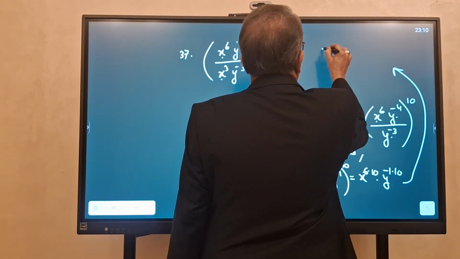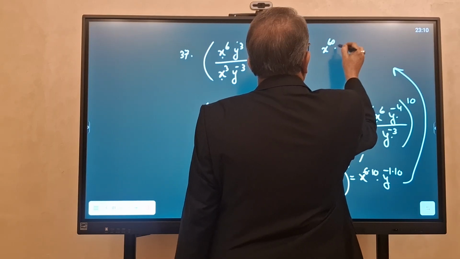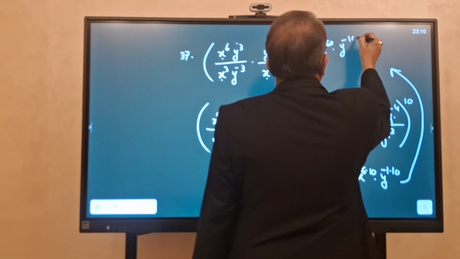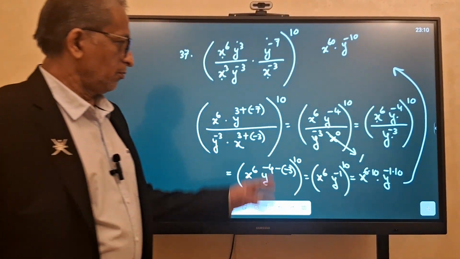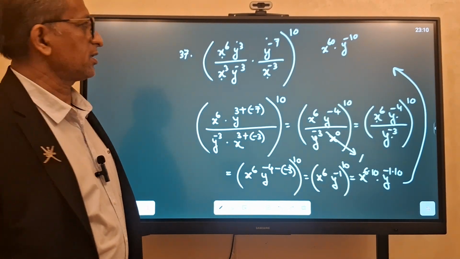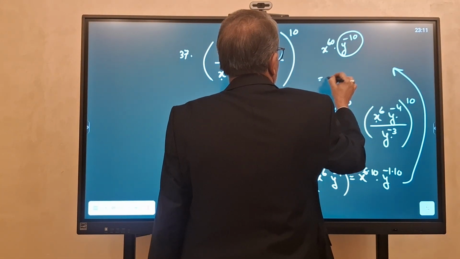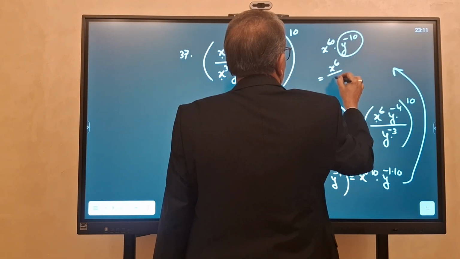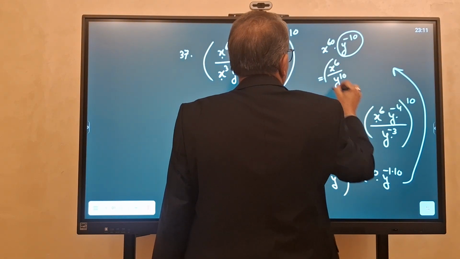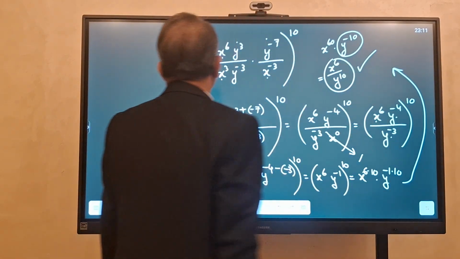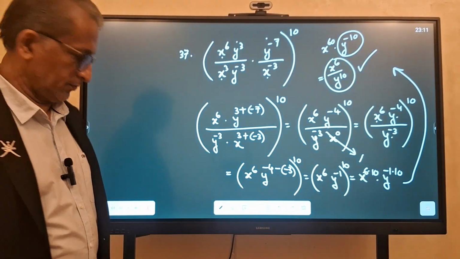This becomes x60, y minus 10. Since it is negative, I will make it positive. So x60 by y10 is the answer for this question.